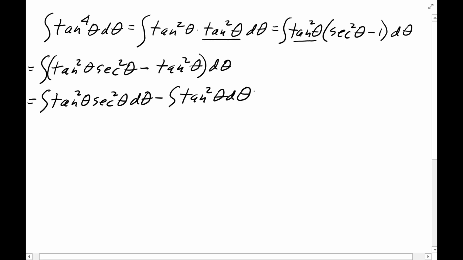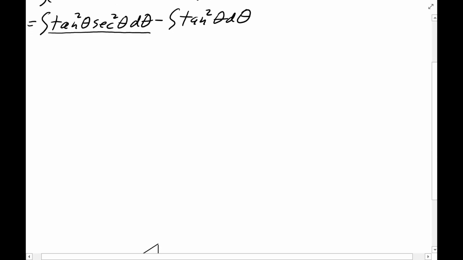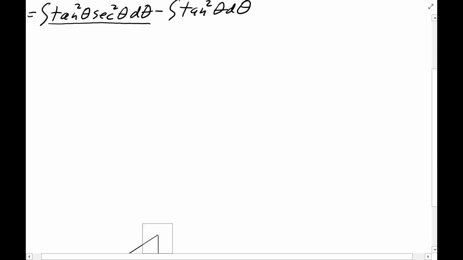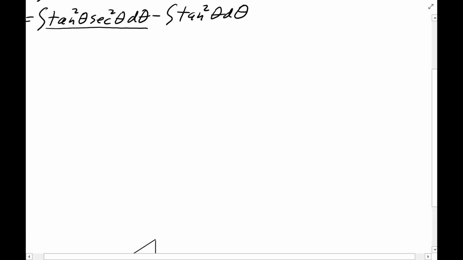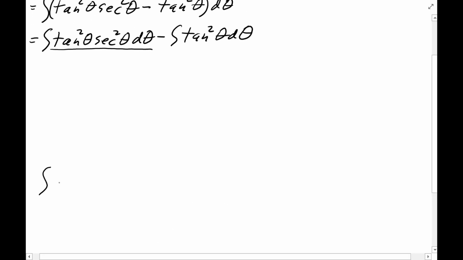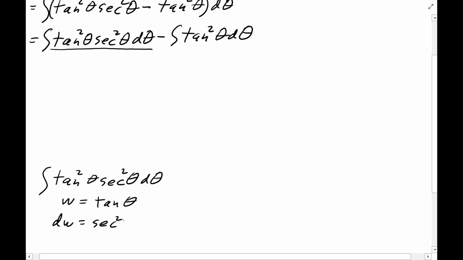Okay, let's work on this first integral. Tangent squared theta, secant squared theta, d theta. Well, this is a simple substitution integral. I'm going to let w be tangent theta. dw is going to be secant squared theta, d theta.